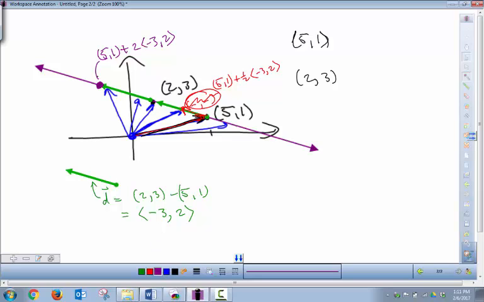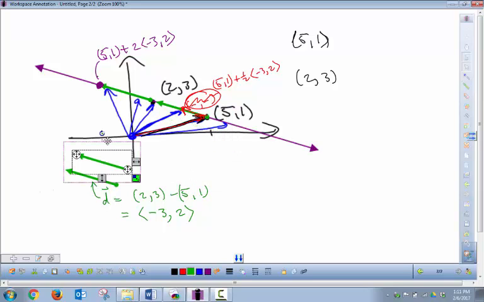In fact, we can even go back here. I'm out of colors. We can go back here and go on the negative side. I need to find a way to flip this around.